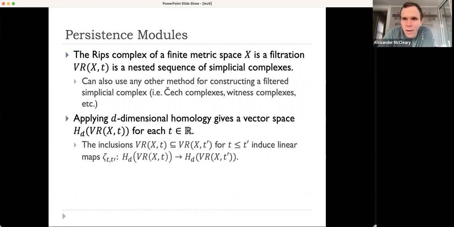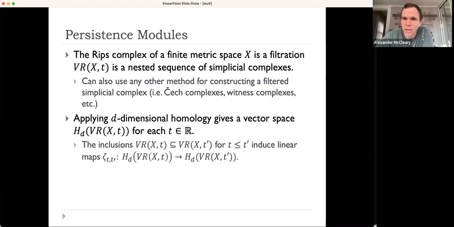One thing I want to point out here, and this is a common misconception with homology: we started out, these maps were actually inclusions. The simplicial maps are inclusions here. The Rips complex at scale parameter t includes into the Rips complex at scale parameter t prime. That does not necessarily mean that the homology at scale parameter t includes into the homology at parameter t prime.